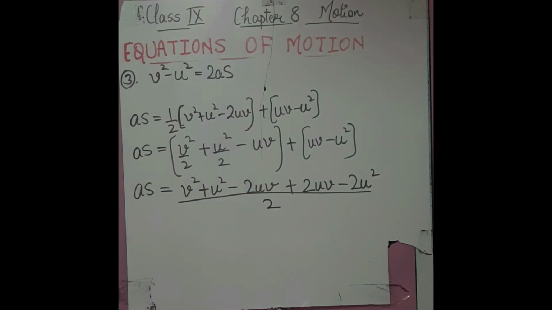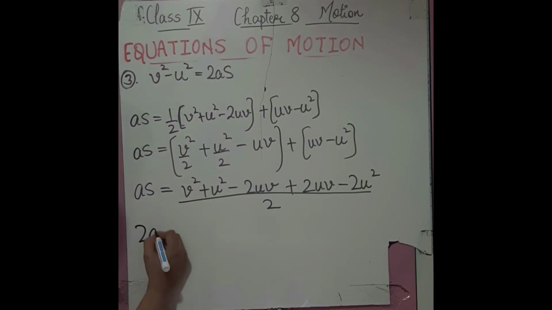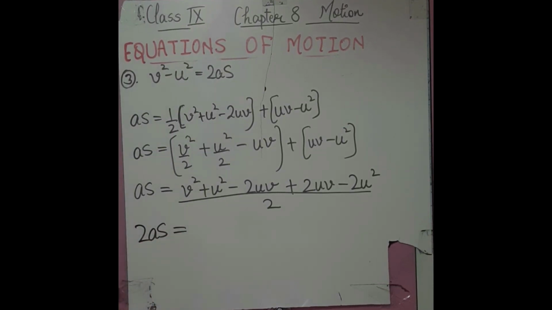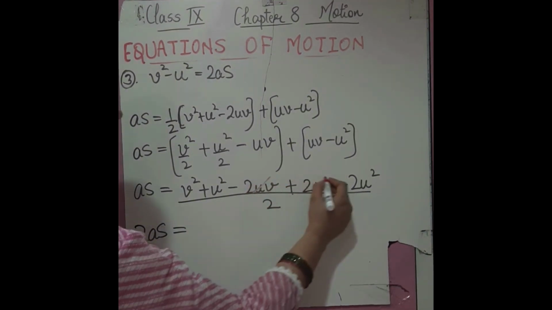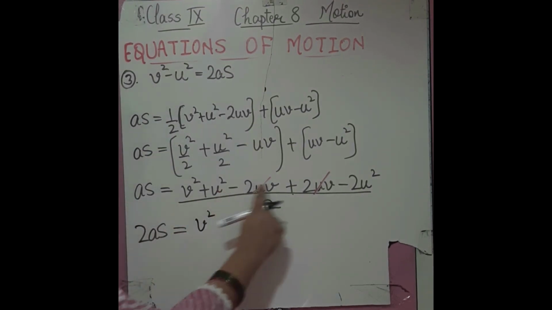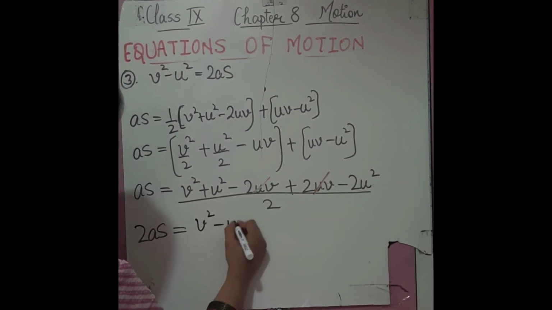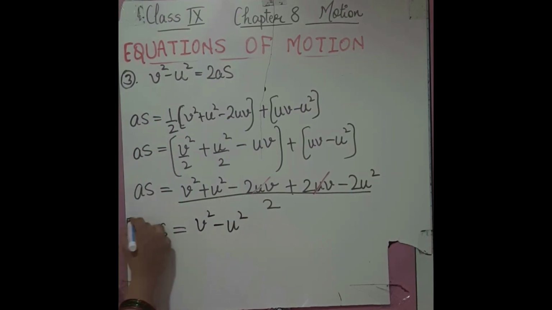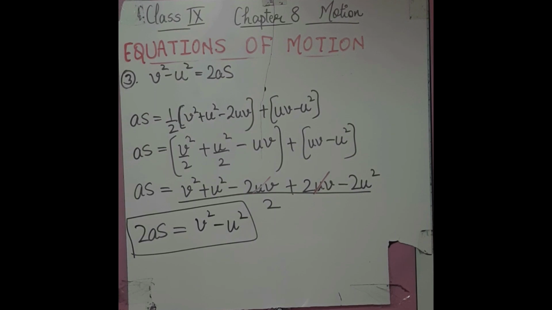Correct? Now this 2 can be taken to LHS. So we get 2AS. This is equal to, now minus 2UV and plus 2UV gets cancelled. So we are left with V square plus U square minus 2U square, which becomes minus U square. So this is the third equation of motion derived graphically.